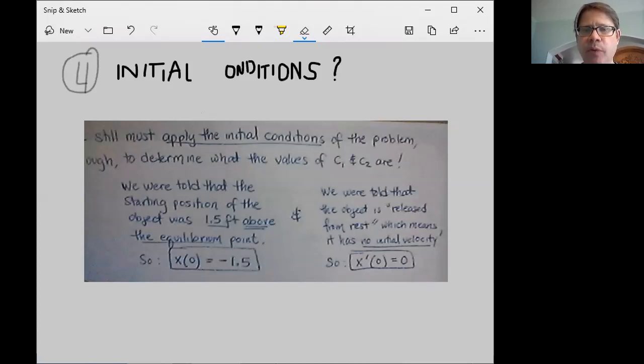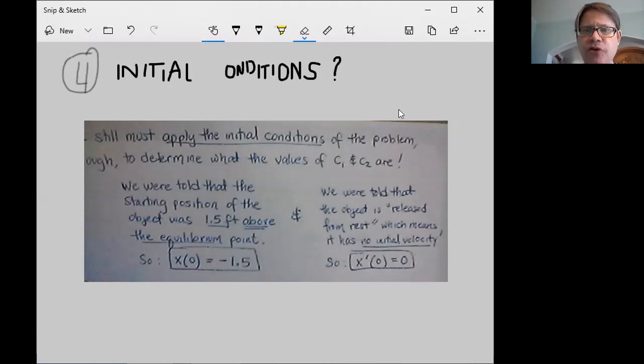Also, we were told that it was released from rest. Released from rest means there's no initial velocity. We're not pushing up on the object, we're not pulling down on it, we're just releasing it from that position. So x prime sub 0, the initial velocity, is 0.